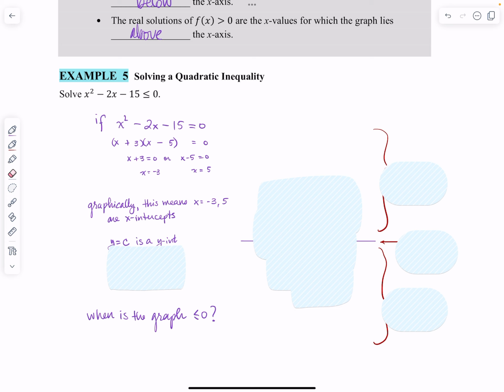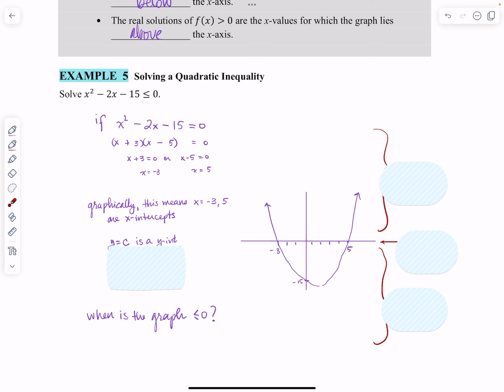Now, graphically, what that means is that x equals -3 and x equals 5 are x-intercepts. So let me go ahead and unhide the graph. You can do this on the calculator or you can do this by hand. We're going to be learning more and more about graphing, so if you need to depend on the calculator, that's totally fine. But notice that I have an x-intercept at x equals -3 and another one at x equals 5, and my parabola is pointing in the upward direction.